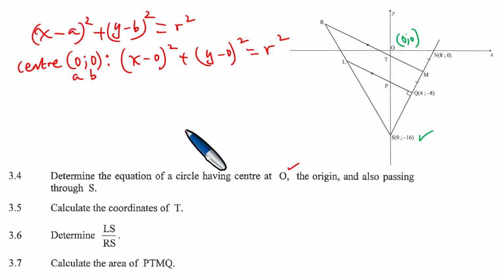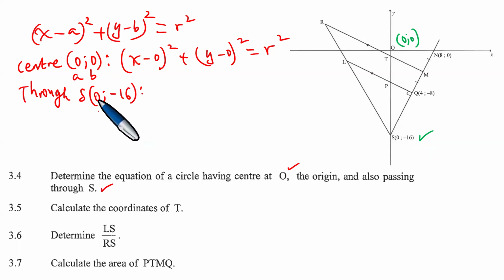But also, this particular circle passes through S, with coordinates 0 and minus 16.